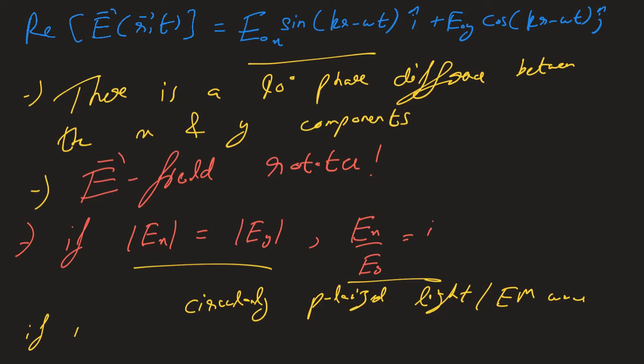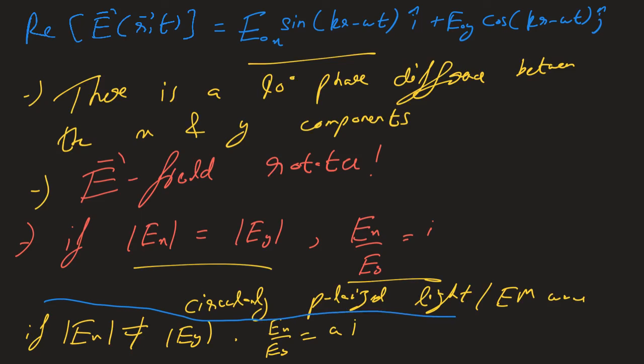If mod Ex is not equal to mod Ey, but still the phase of Ex over Ey is equal to some constant A times i, then light still rotates, but under this condition, which I'll separate from the other, you get elliptically polarized light.